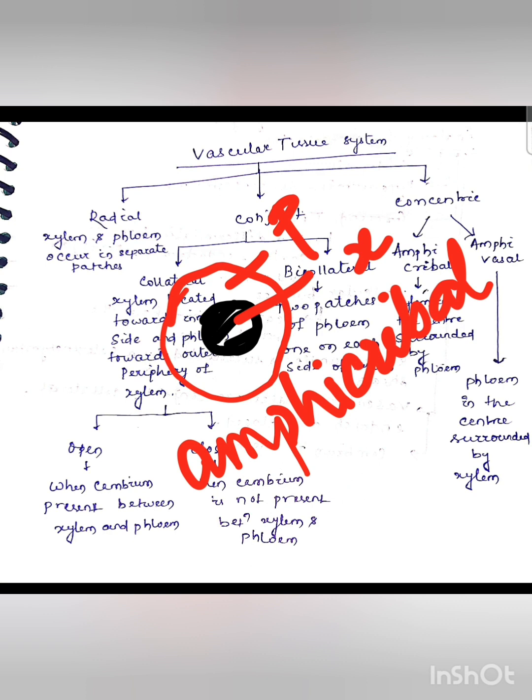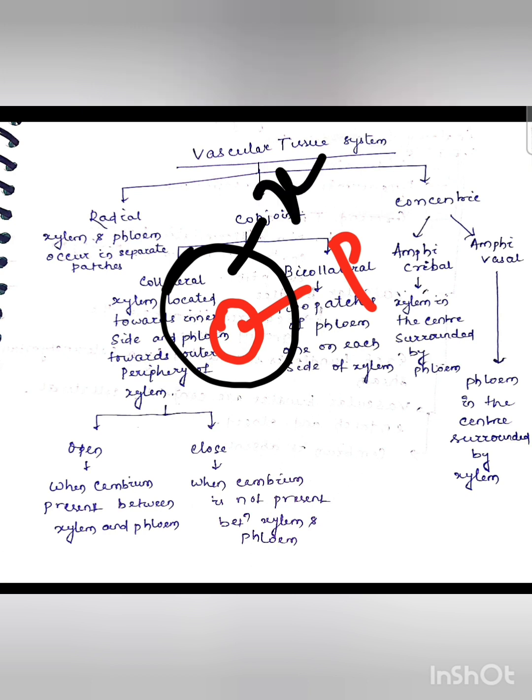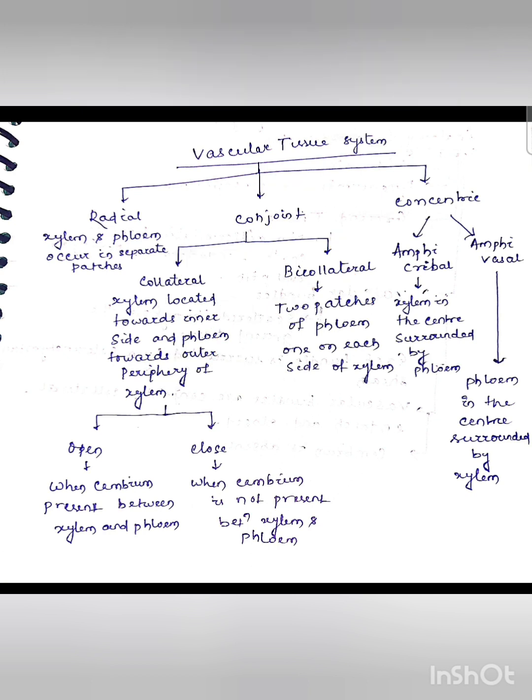But when phloem is present at the center and completely surrounded by the xylem, it is called amphivasal.